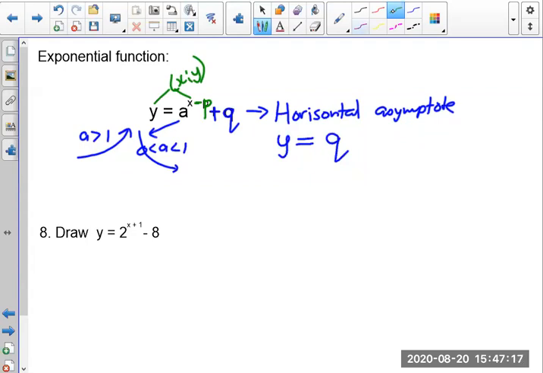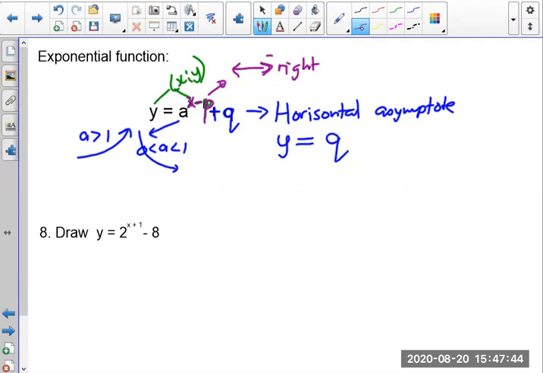So again, let me take another color. There's a minus p. So that p tells me the graph moved sideways. It's a sideways shift. But now, because you added or subtracted from the x, it's like the men always otherwise. So if you have a minus there, the graph moves to the right.